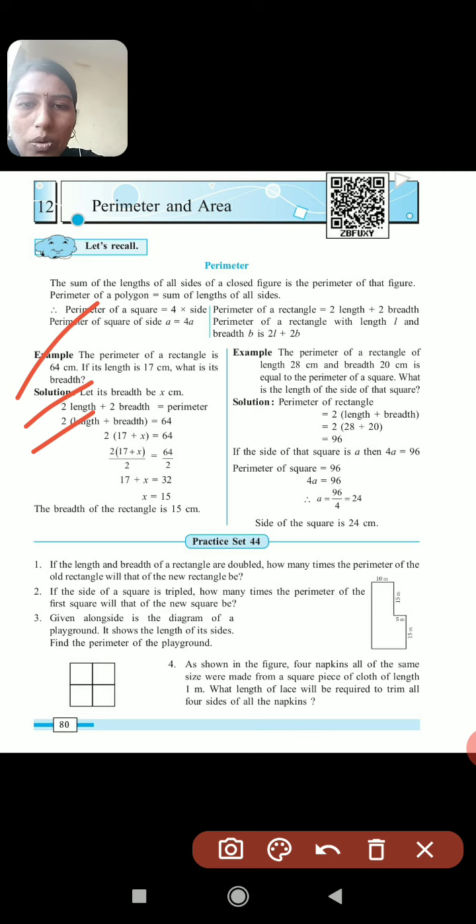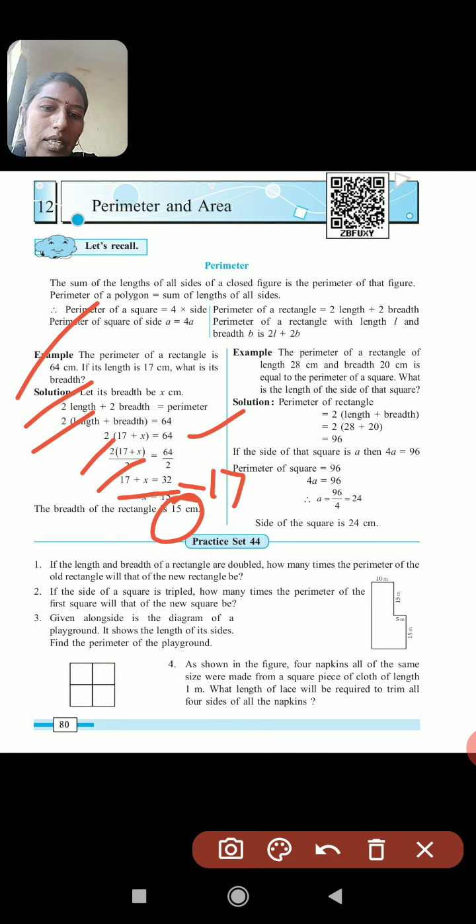Here you have to divide both sides by 2, so the 2 gets cancelled. 64 divided by 2 is 32. So 17 plus x is equal to 32, so x is equal to 32 minus 17, that is 15 centimeter.